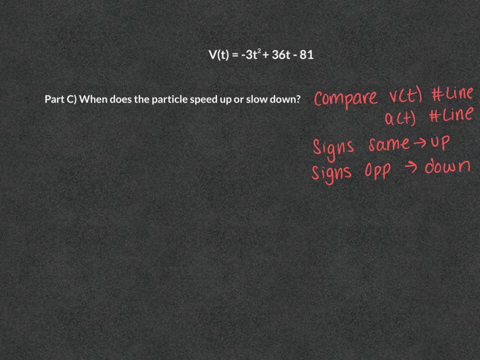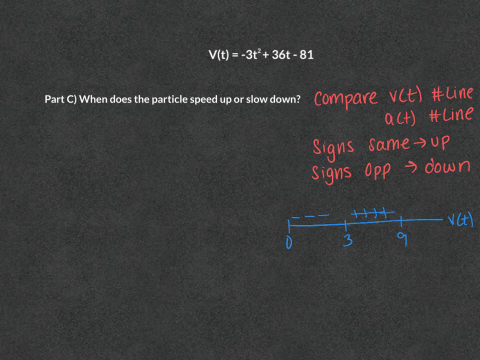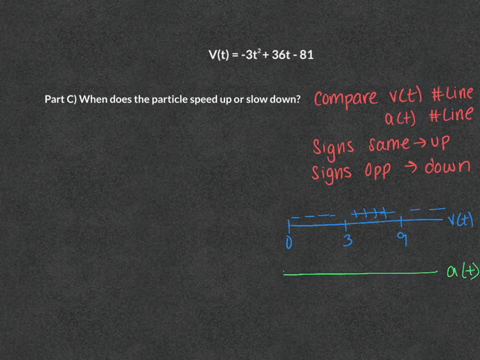So I want to actually just copy the v of t number line that we did before. So here's my v of t. We had 0, 3, and 9, and it went minus, plus, minus. So we're going to keep that, and now we're going to make an a of t number line and put it below. So for this a of t number line, we need to find where a of t is equal to 0.